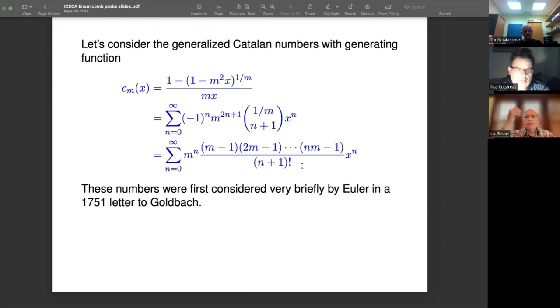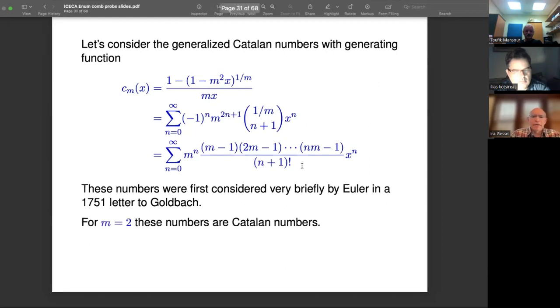If you just expand by the binomial theorem, you get an explicit formula for the coefficients that shows that they're positive. It doesn't show that they're integers, but it shows that they're positive. And these numbers, surprisingly, were considered very briefly by Euler in a 1751 letter to Goldbach, but he didn't really say much about them.